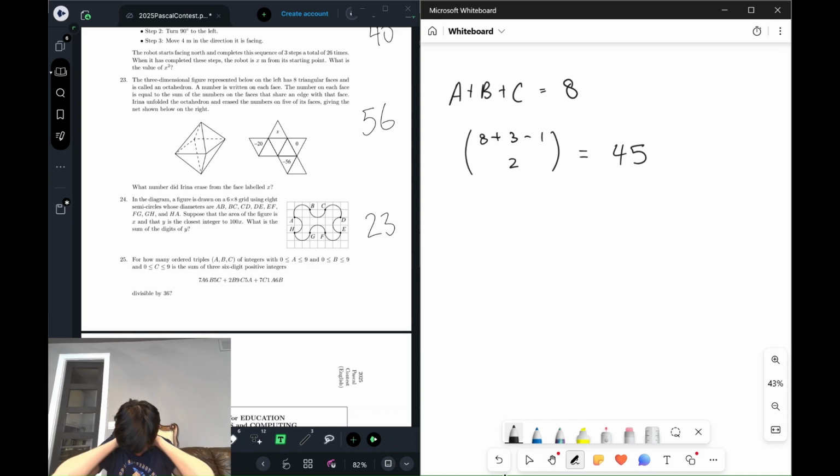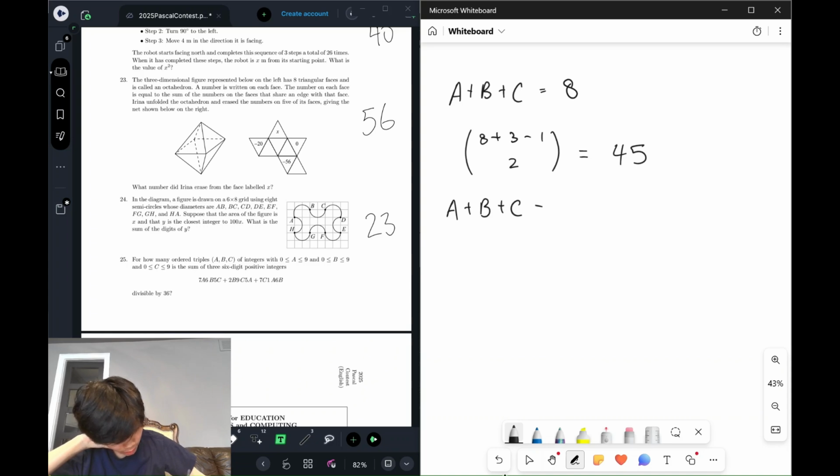And now we need to figure out A plus B plus C equals 20. If A plus B plus C is 20, how many possibilities are there?